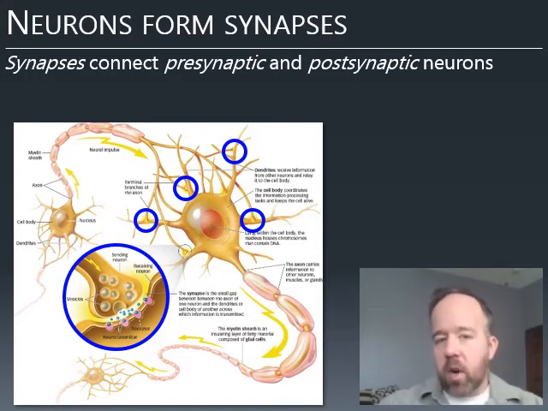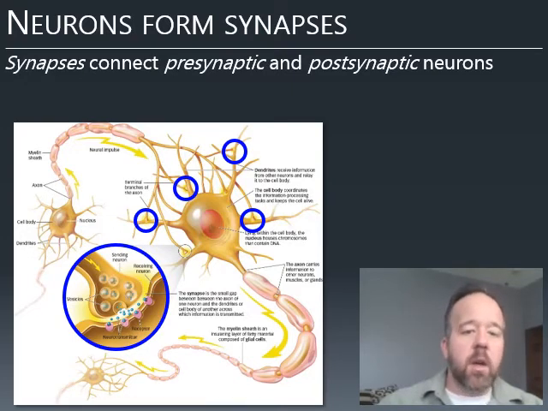I mean that even though the neuron itself uses electrical signaling, a synapse uses chemical signaling. And so the presynaptic neuron contains chemicals that, when an electrical signal occurs, the axon terminal will release, and those chemicals will connect to the postsynaptic neuron via what are called receptors.